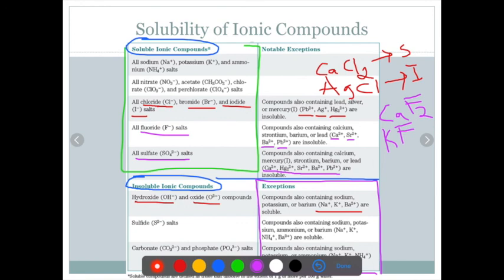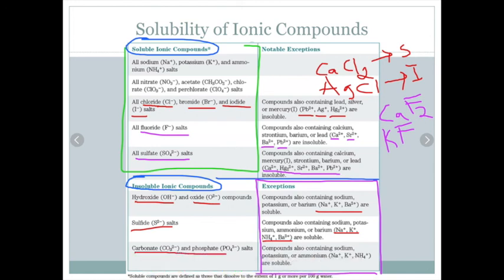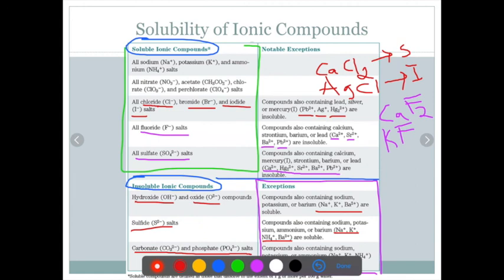Sulfide is insoluble unless it's with sodium, potassium, ammonium, or barium. And then carbonate and phosphate are insoluble except when they're paired with sodium, potassium, and ammonium. So again, you will have this table. Just make sure you know how to use it.